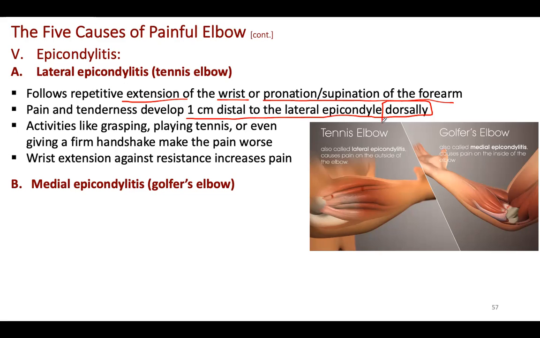Distal means towards your hand, away from the point of origin, away from the shoulder. So distal and lateral, 1 centimeter distal to the lateral epicondyle on the dorsum, the posterior aspect of the arm.